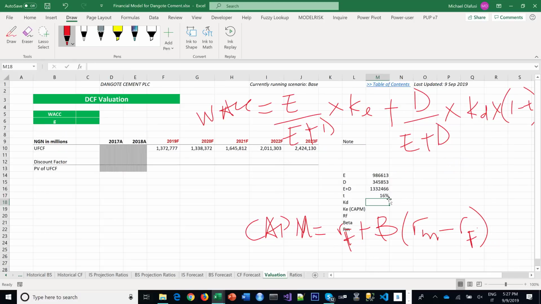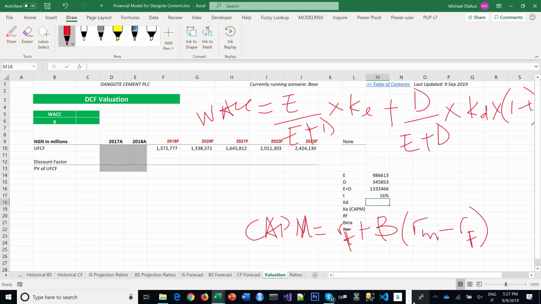And then the cost of debt. For cost of debt, it's preferable to use the corporate bonds. So for Dangote, just because I can't show you my inbox, I get emails from AfriInvest that tell me all of the companies and their commercial paper and their current rate.